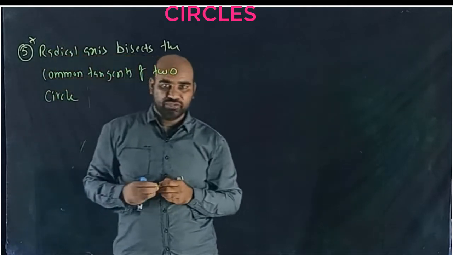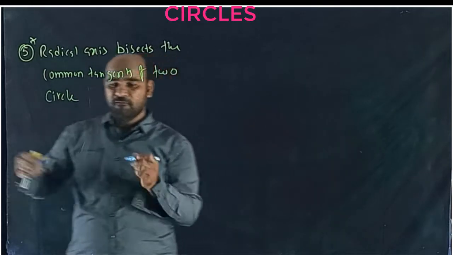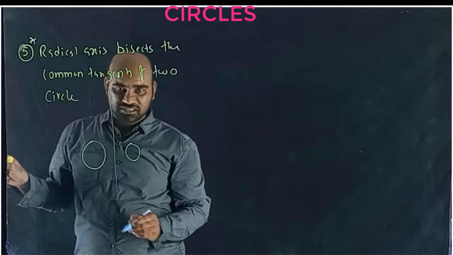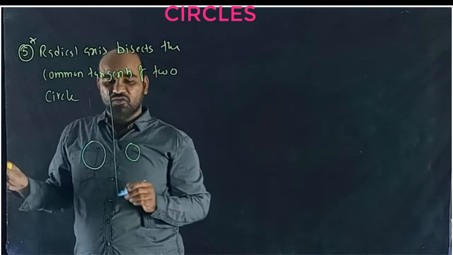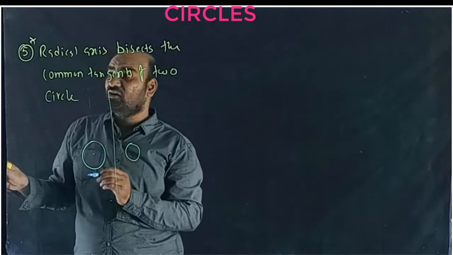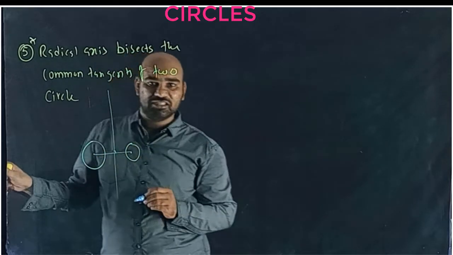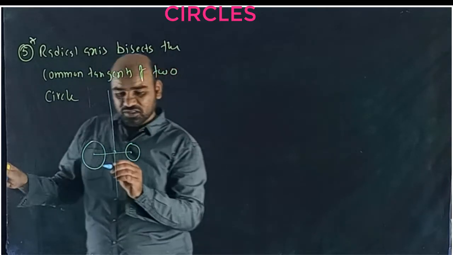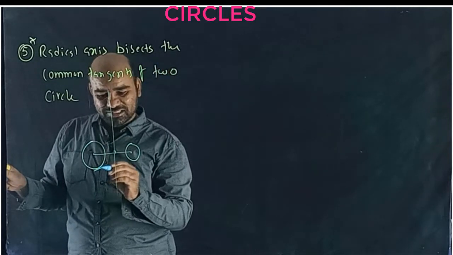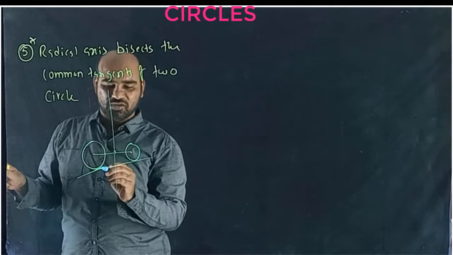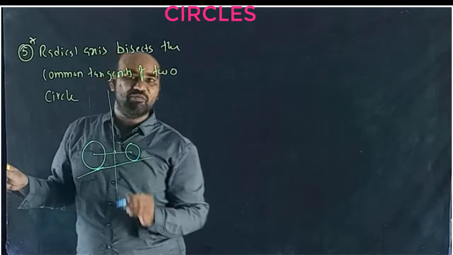Observe here, these are two circles and this is the radical axis. What was the fourth note? The radical axis is perpendicular to the line segment joining the centers. One more thing is that the radical axis bisects the common tangent.